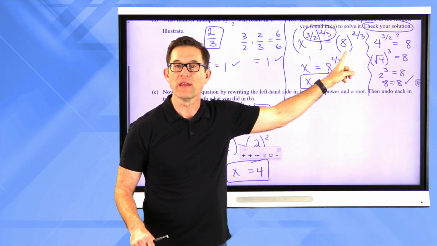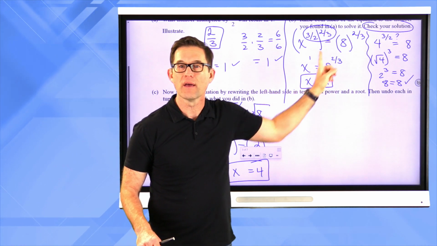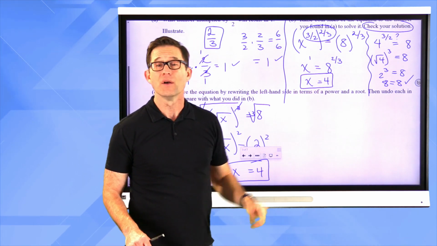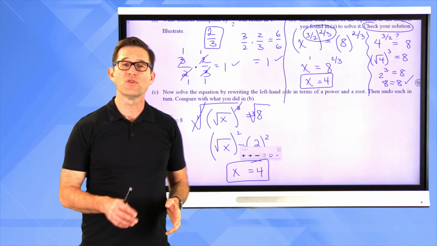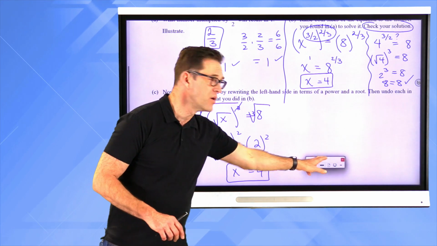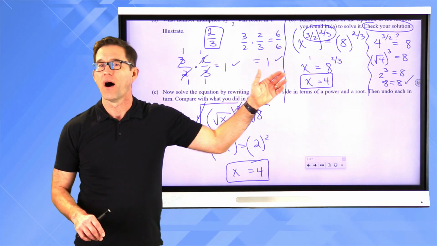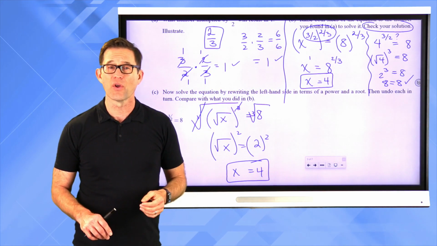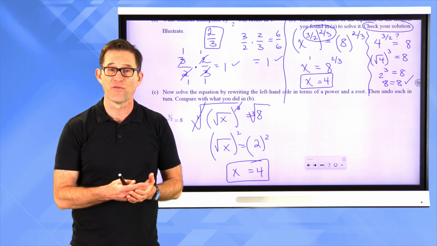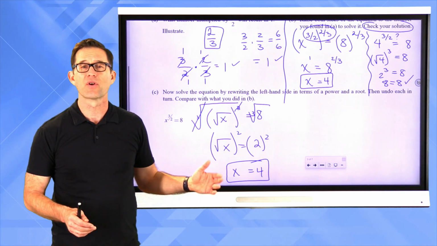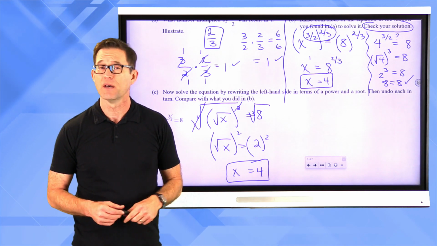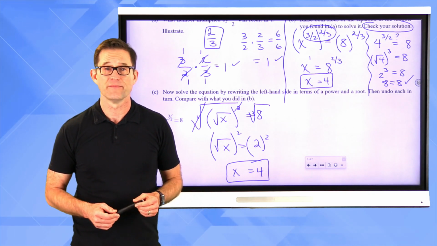So the cubed root of 8 is 2. Squared ends up giving me 4. So I'm really doing the same two steps. The key is, though, on my calculator, I can simply do 8 to the 2/3 and immediately get the answer 4. Here, I have to go through a two-step process, but both of them work great.